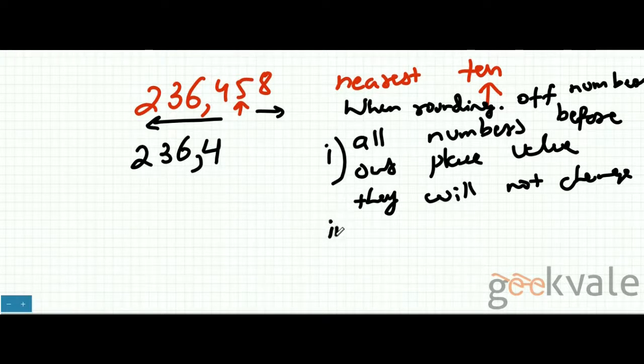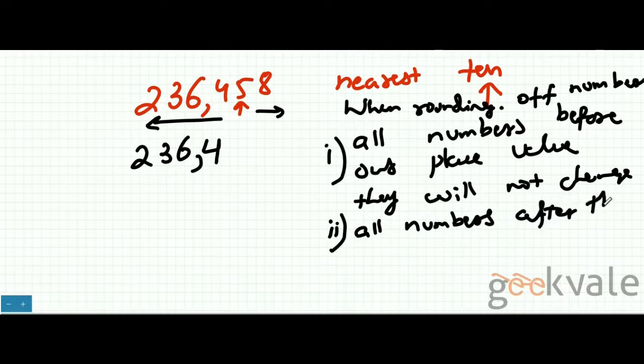Second thing, all numbers after the place value, which over here is the 10, become 0.